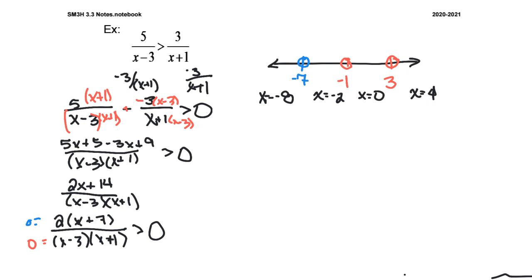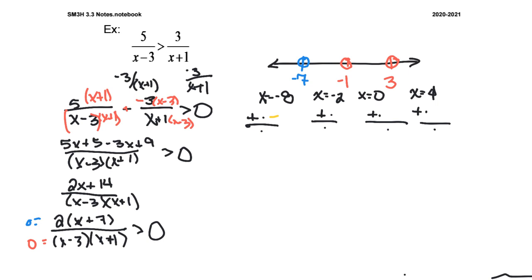So a 2 is always positive. And then I'm going to have 2 different factors in the denominator. So when I input -8 plus 7, I'm going to get a negative value.